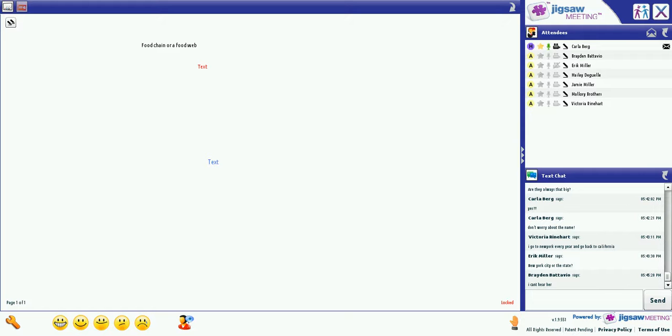So for example, my food chain, I'm going to do a food chain, is going to be grass is eaten by rabbits, which is eaten by coyotes, which are eaten by bears.